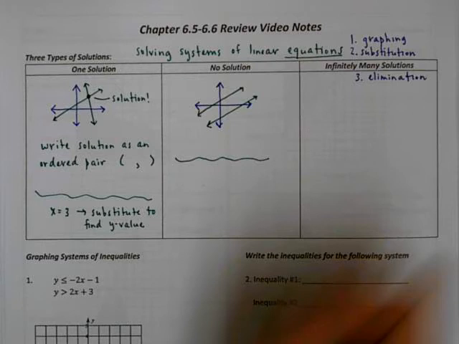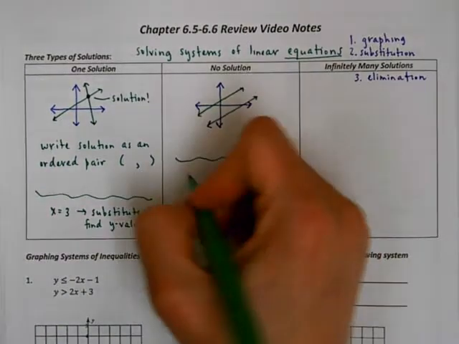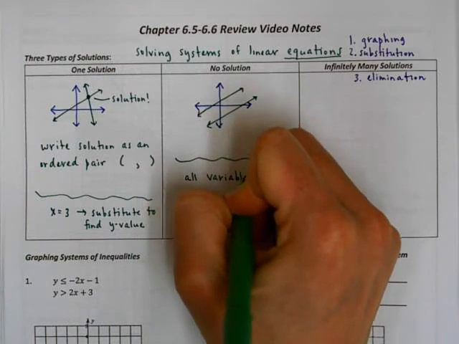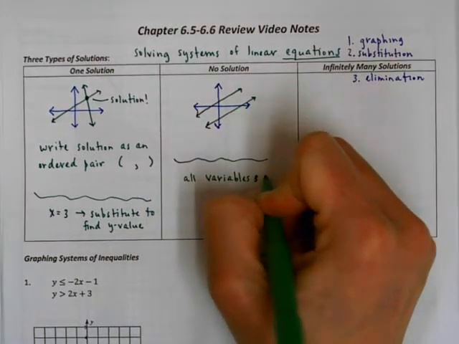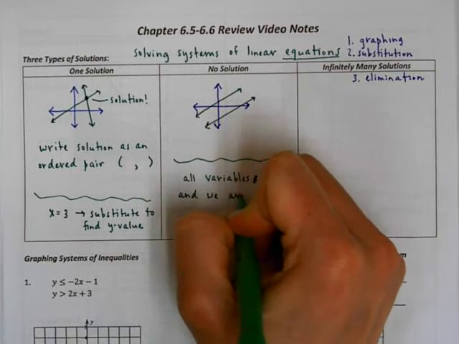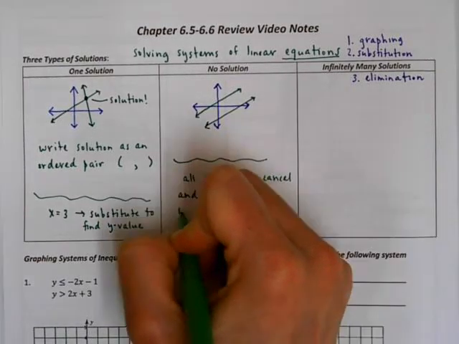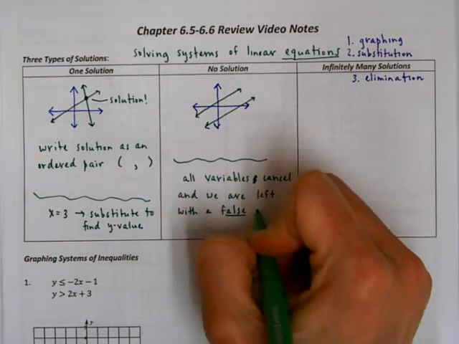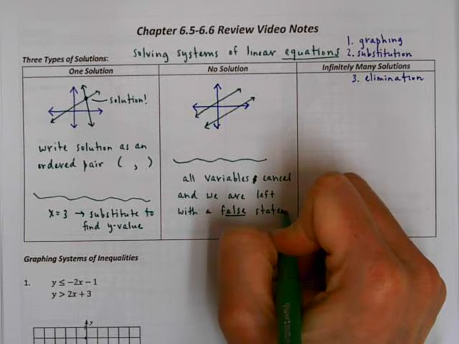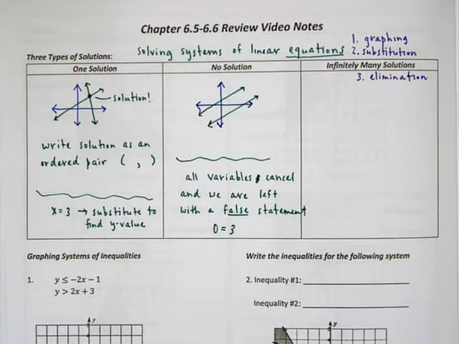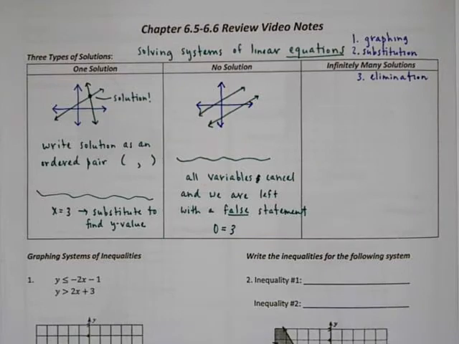Now, if we were solving by substitution or elimination, we would find out that all the variables cancel, and we are left with a false statement. So something like 0 is equal to 3. That let us know that there was no solution.